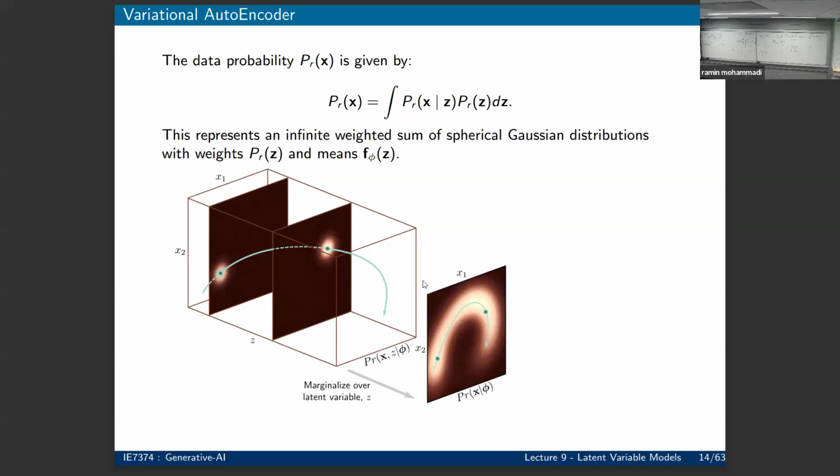Now, if you want to map that to this image, think about the definition in VAE so far.